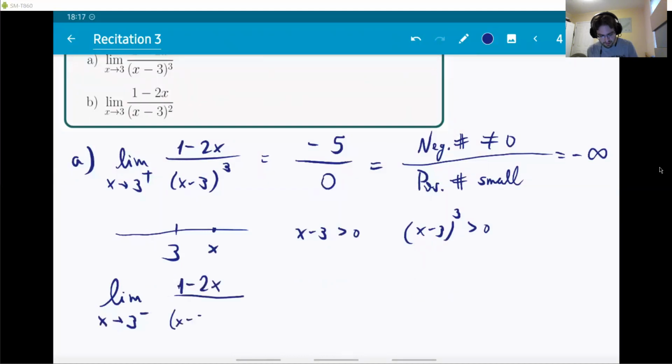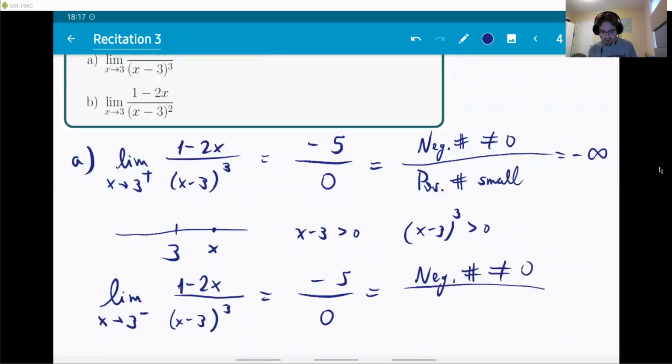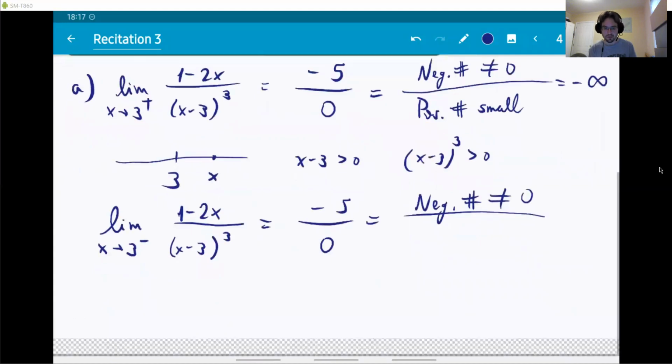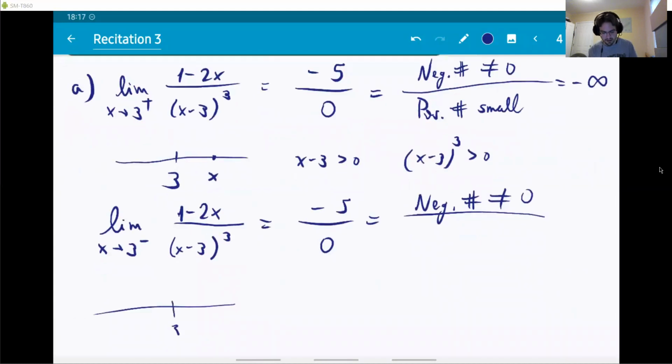Cool. And from the left, here's the whole point for this problem. Again, the numerator is just minus 5. The denominator is 0. Numerator is a negative number different from 0. But what's happening in the denominator now? Because you're coming from the left, x is before 3. If x is less than 3, when you subtract 3 from x, that's going to be negative.